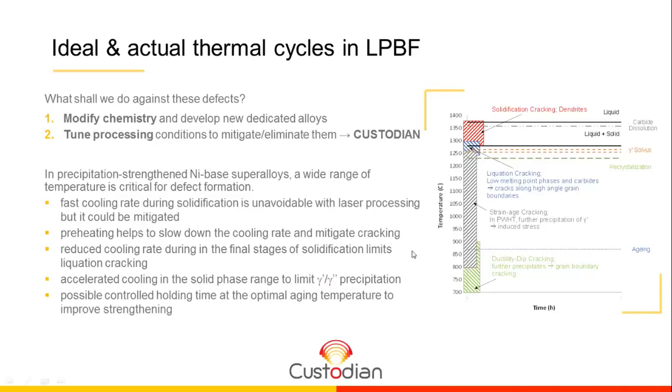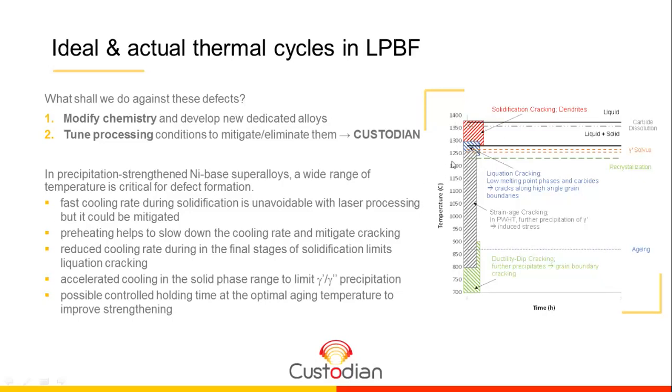In general terms, you can see on the right side of the slide the different damage phenomena in the alloy. Actually, for our nickel-based alloy, we span quite a wide range of temperature on which we may have these damaging phenomena. Especially, we want to focus on the solidification-associated phenomena, which occur in the very top side of the temperature range.